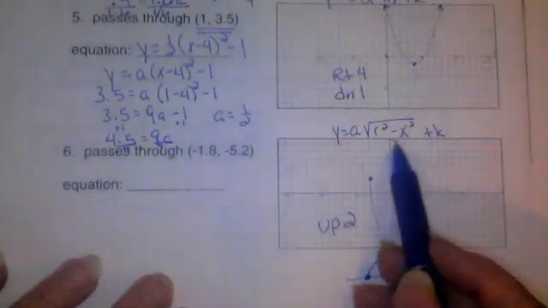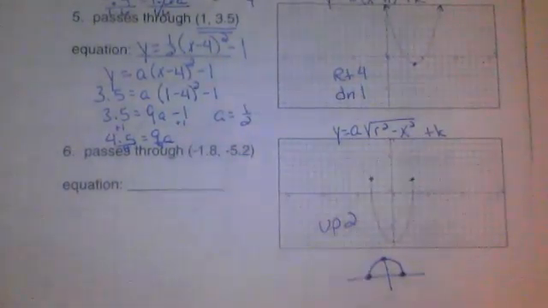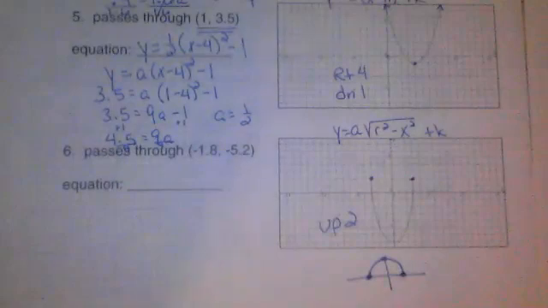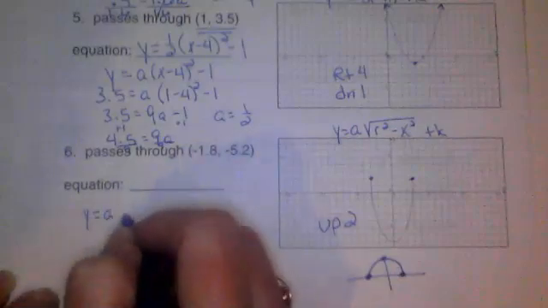All right. Now, we already said there's no left-right shift on this one, and to find a, we're using our point, so that's all we need to know that it moved up 2. We know that it also flipped over, but we'll figure that out. That just means our a value is going to be negative. So we're going to have y equals a times, and then we are going to have to identify our parent function.